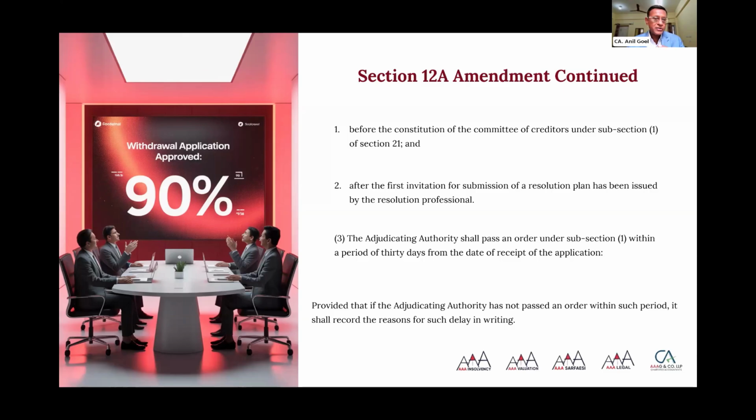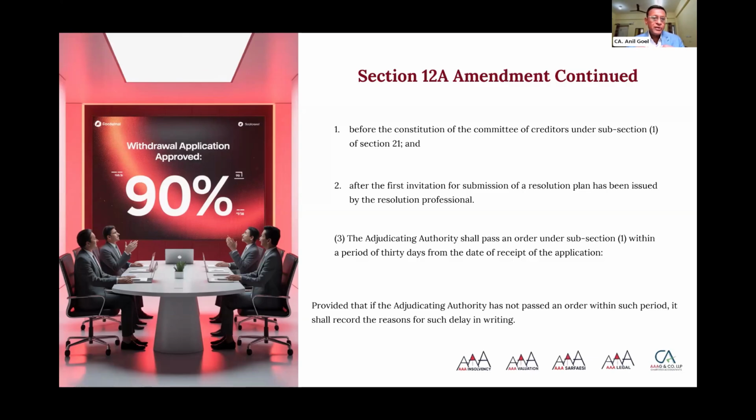Nowadays the expression of interest is released within 60 days from the commencement of CIRP, and the committee is constituted within 21 days from the date of publication. So that means we only have about 35 days within this period.